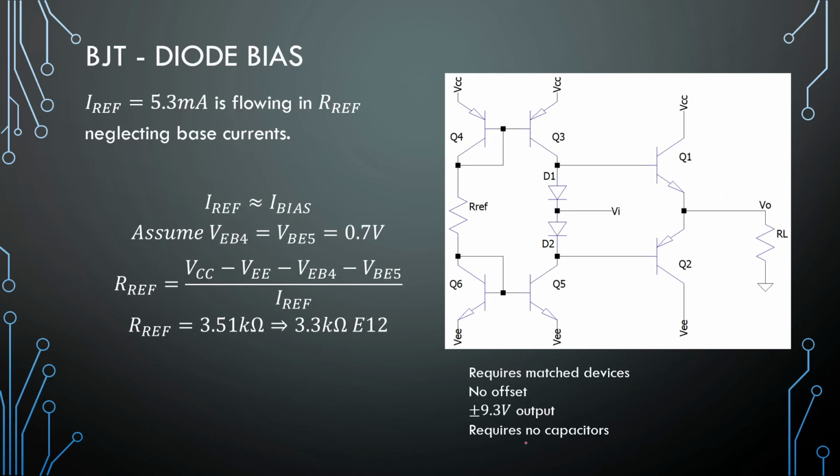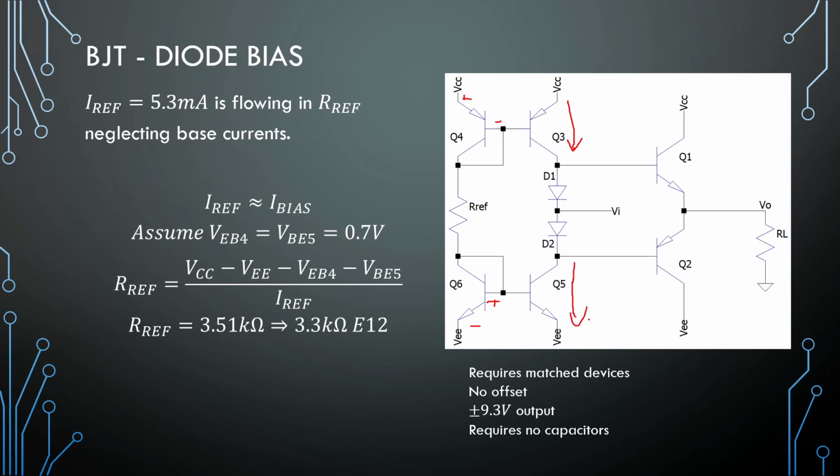Okay, so this circuit right here is pretty much the same as the previous one. We just have two current mirrors. So VEB here and VBE right here, we assume them to be mirroring the current on both sides. So it's the same as what we had with the two resistors.